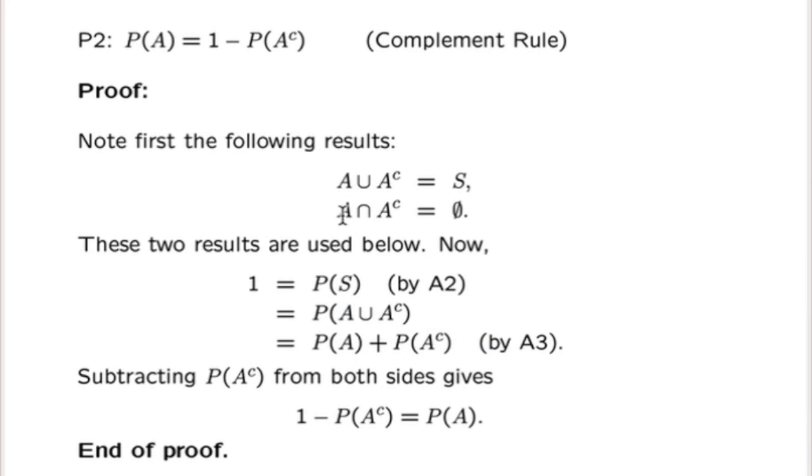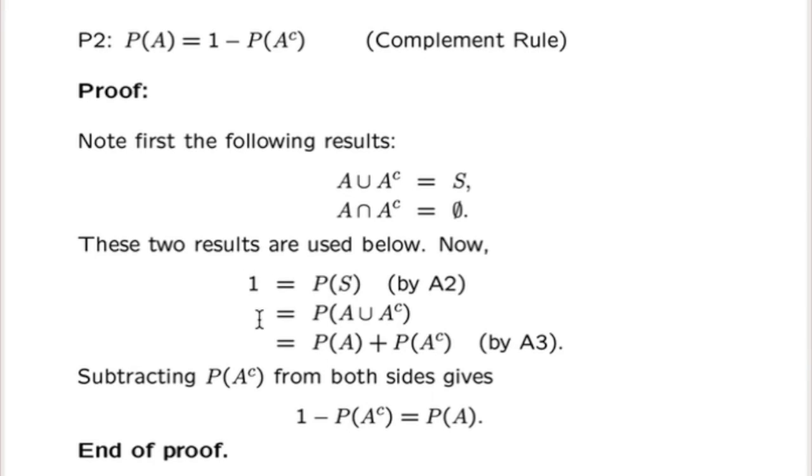Then because A and A complement are mutually exclusive, I can again appeal to axiom 3 and rewrite this complicated probability as the sum of individual probabilities. And so here I have the result that the probability of A plus the probability of A complement is equal to 1.